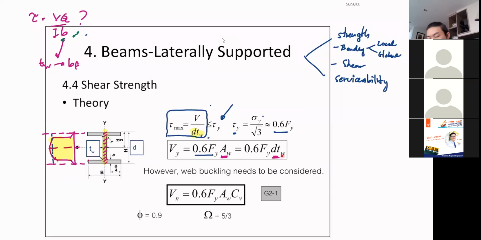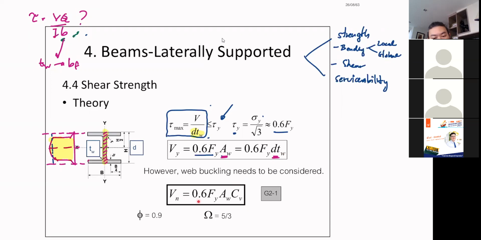So this is the pure formula where buckling doesn't occur. To consider buckling, we add another factor called Cv. So the basic formula for the nominal shear is simply 0.6 Fy.